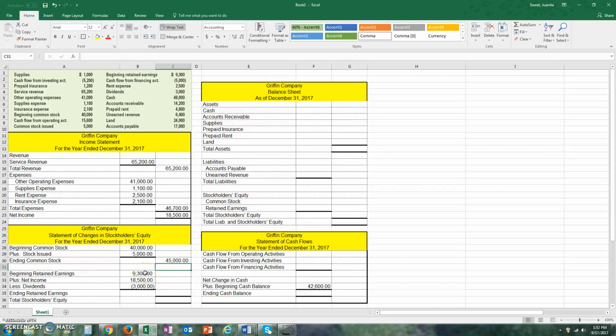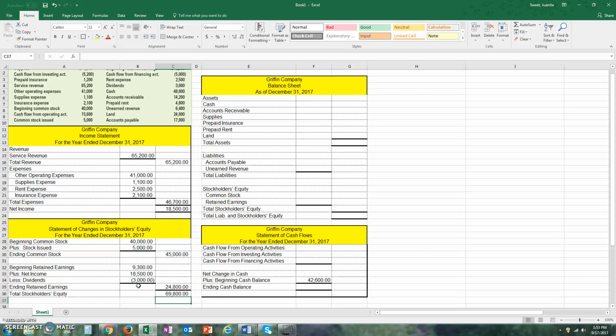And my retained earnings is going to be the beginning retained earnings plus net income minus dividends, which is $24,800. Total equity is always your stock or contributed capital plus retained earnings. Retained earnings represents that amount that you have earned and retained in the business since the moment your corporation began.